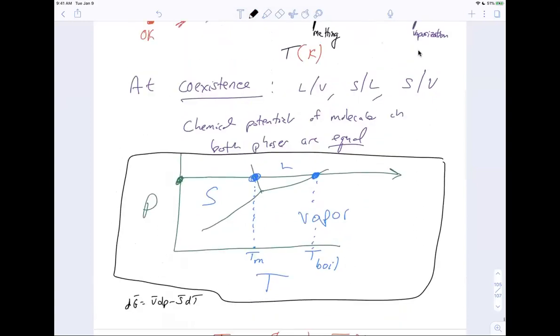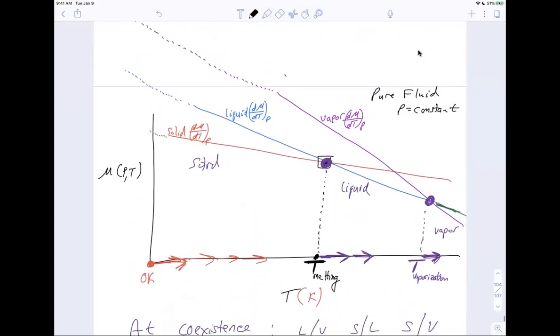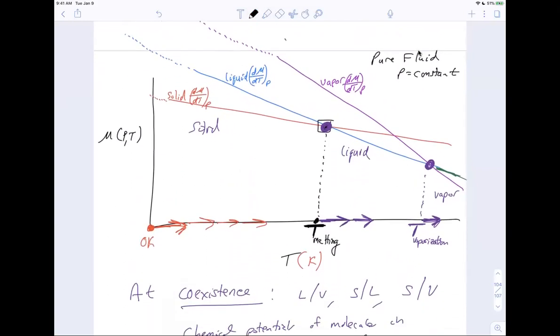And through an analysis of looking at the various entropies, and then connecting that to the slope of the chemical potential as a function of temperature, we saw that this plot is something that we can qualitatively arrive at. Okay, and so the nature of these curves, which are telling you the slopes, are suggesting slopes of mu versus T for a pure fluid. They're just qualitative.